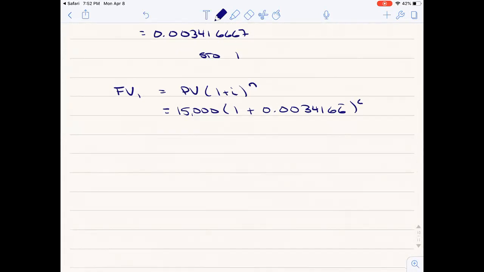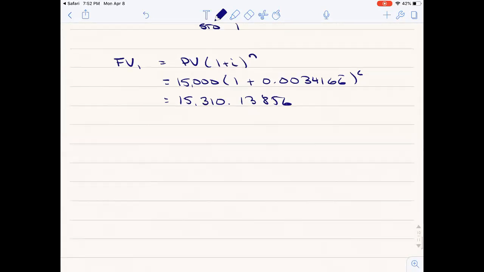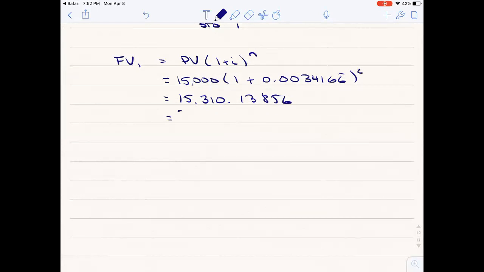So 1 plus recall 1 to the power of 6 times 15,000 is 15,310.13856. 15,310 and 14 pennies for rounding properly to 2 decimal places.